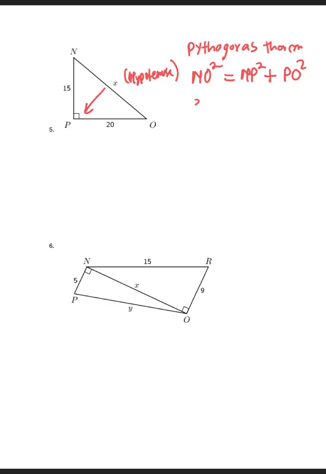NO squared is X squared, and then NP squared is gonna be 15 squared, and then PO squared is gonna be 20 squared. Then X squared is equals to 15 squared is 225. 20 squared should be 400.